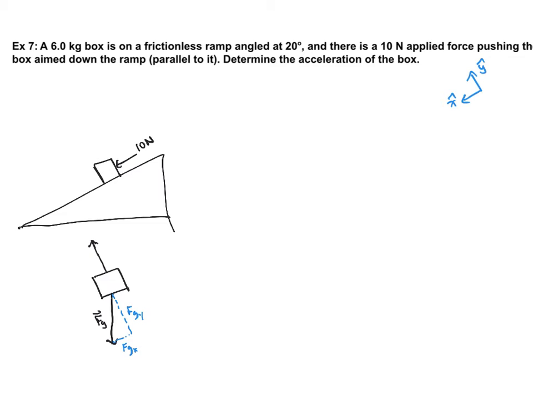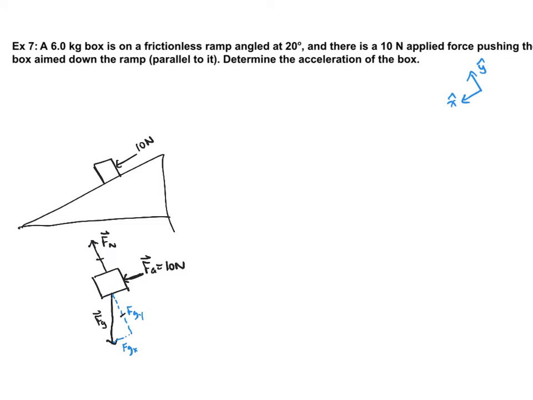It's only going to accelerate parallel to the ramp. So I will use tick marks to indicate that they're equal. And now there is also 10 more newtons of applied force pushing the box. So I'll call that FA, and say it equals 10 newtons.